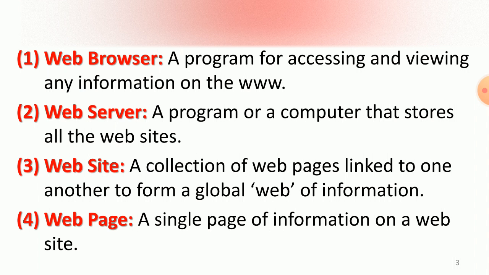Third one, website. A collection of web pages linked to one another to form a global web of information. That means a website. Number 4, web pages. What is a web page? A single page of information, such as text, images, sound, video clips on a website.